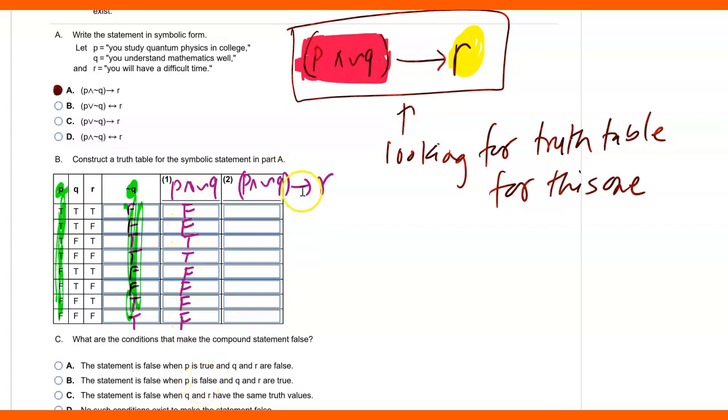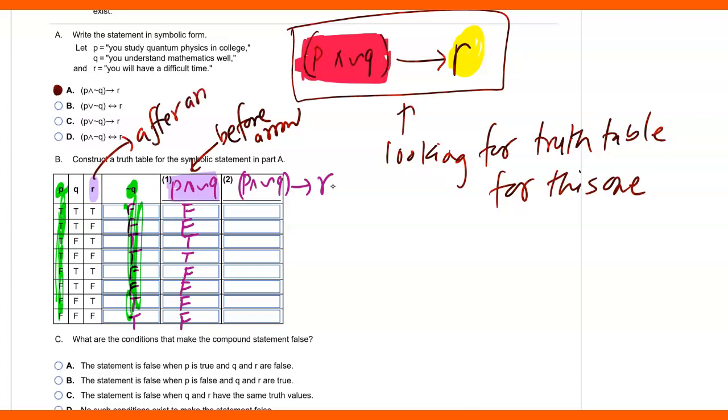Okay, now finally, you're looking for the last column here, and to find the last column, you look for this column and the R column here. Make sense? In the conditional, this is called before the arrow, and this R is after the arrow.